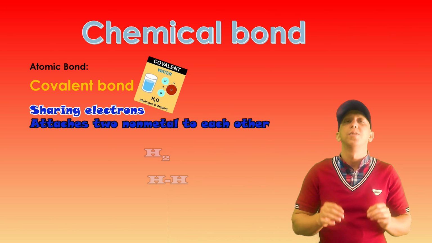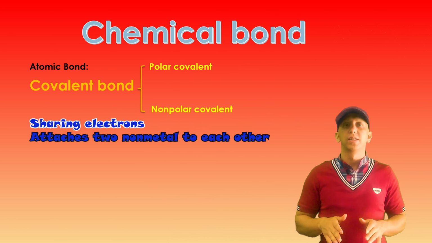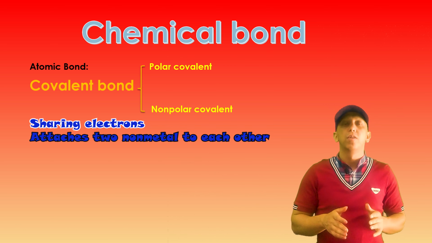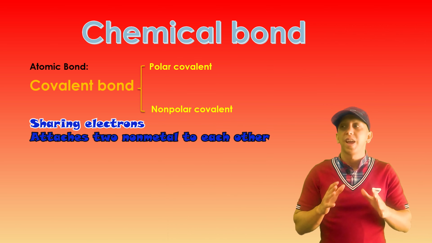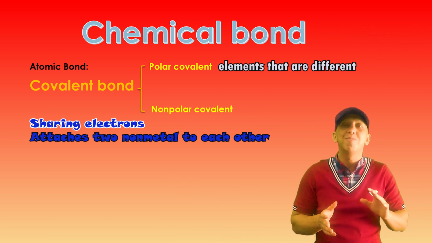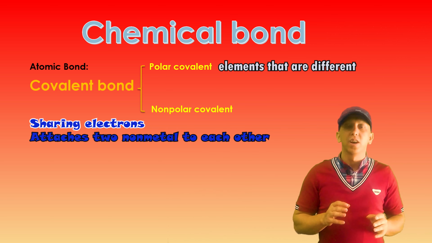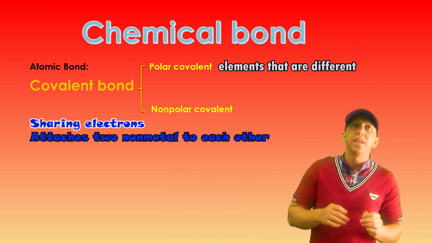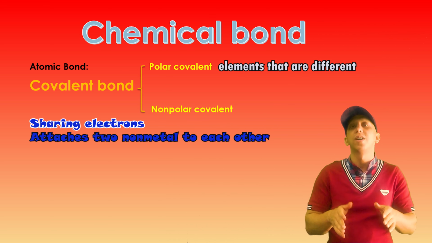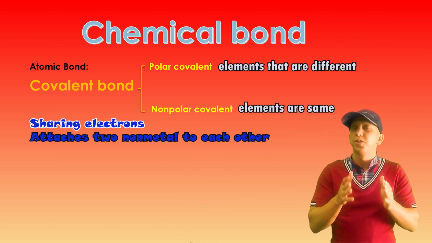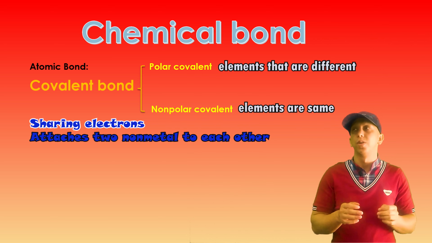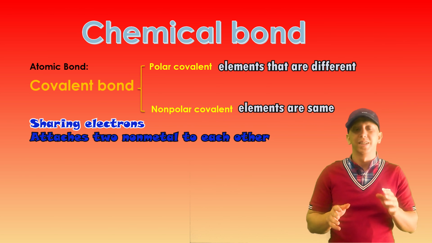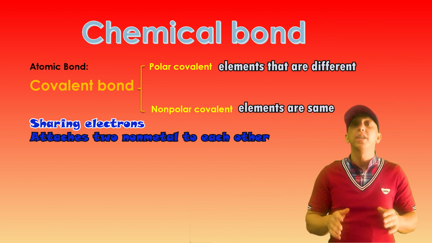Covalent bond divides into two parts: polar covalent and non-polar covalent. It's obvious from their names, polar covalent will occur when we have two elements, or two non-metal elements, that are different. Non-polar covalents occur when both of the elements are the same. For example, like H2 or O2 or N2, because the atoms have the equal attraction for electrons, so the sharing is equal.